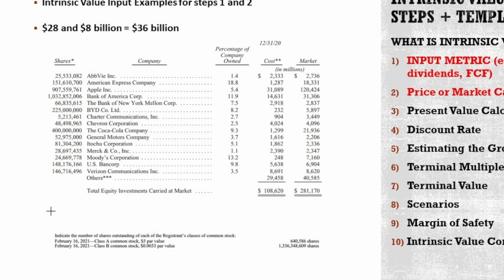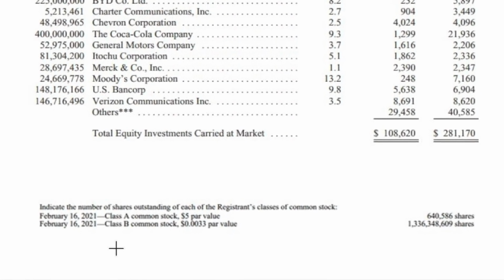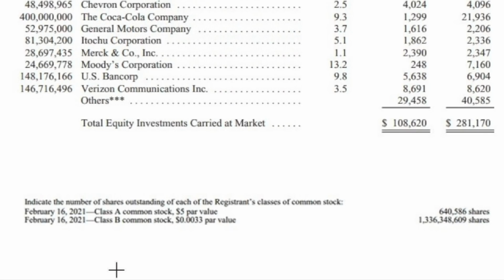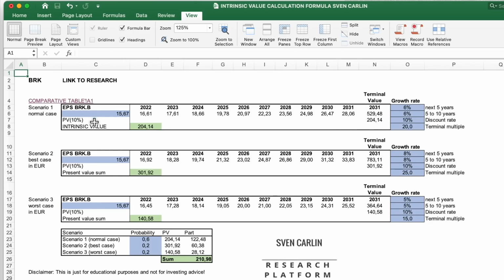We look at the number of shares outstanding. One Class A share equals 1,500 Class B shares, so that's absolutely equal there. And I have divided the 36 billion by the number of shares outstanding and got to $15 per share for Berkshire B. You're also mostly owning Berkshire B, so let's compare that to the stock price.